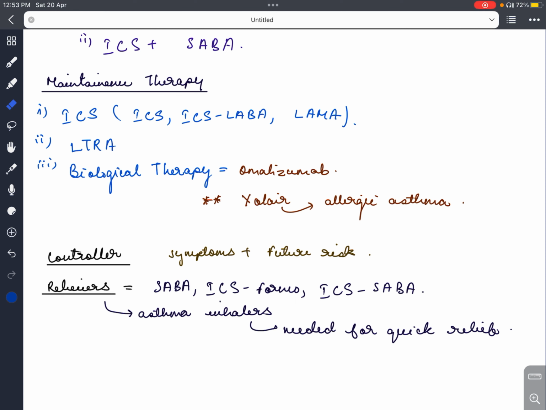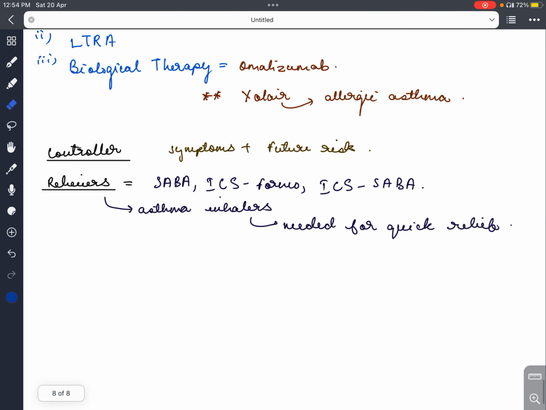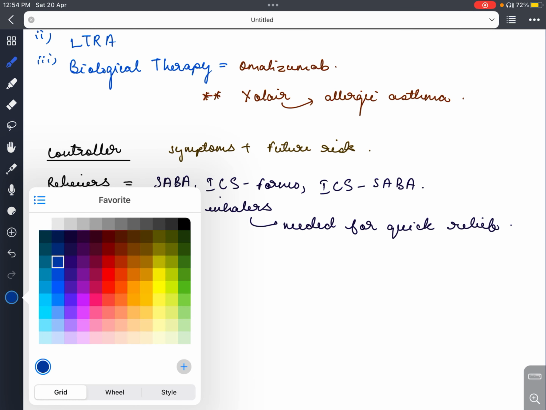Then we have leukotriene receptor antagonist drugs, and biological therapy like omalizumab and Xolair. In the case of leukotriene receptor antagonists, you have montelukast, zafirlukast, and other drugs. If you want to know about the drugs used in asthma in detail, I have already made a video on it, and I will put the link in the above I button so it will be easier for you to refer.